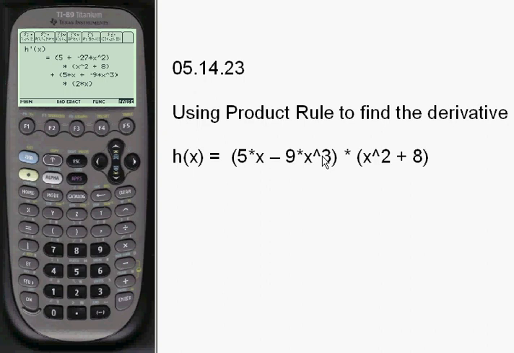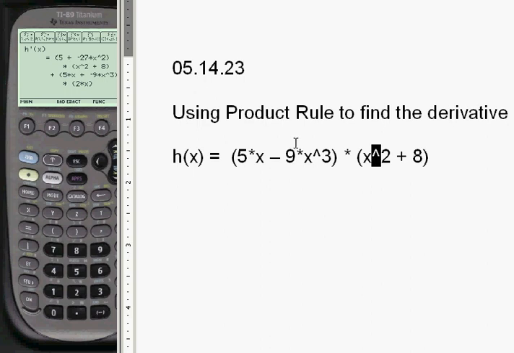And here's the original function for g of x, and here's the original for f of x, and here's the derivative of g of x, because the derivative of g of x is 2 times x, right? So let's move on.